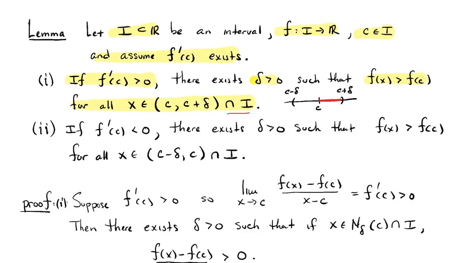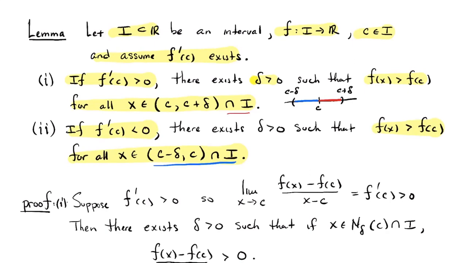Okay, and I'm going to say this out loud. In particular, that means that f of c cannot be a maximum for our function on this set I, because there are points for which the output is bigger. Okay, f of c is not a maximum. What's the other part of the lemma? The other part says, if f prime of c is less than 0, then again there's some delta where f of x exceeds f of c for all x in the left-hand side of the delta neighborhood intersect I. And again, c cannot be a maximum.